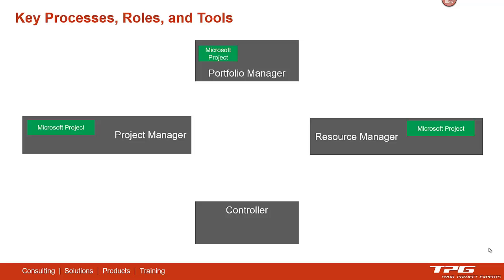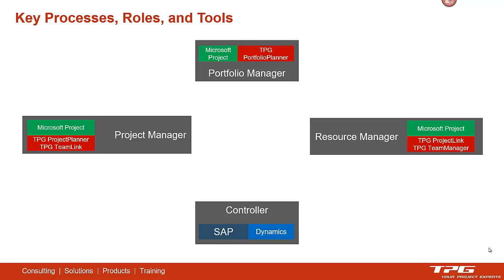All of them, or nearly all of them, are working somehow with Microsoft Project if we look at project management, but the controllers are usually working in ERP systems like SAP or Dynamics. For three of these roles, we have additional tools to make their life easier in their job and what they have to do.